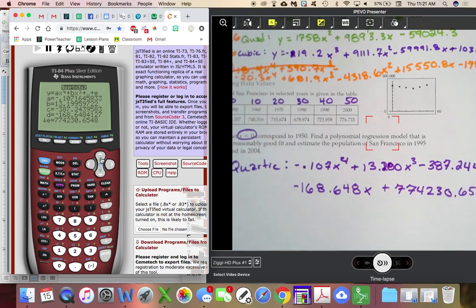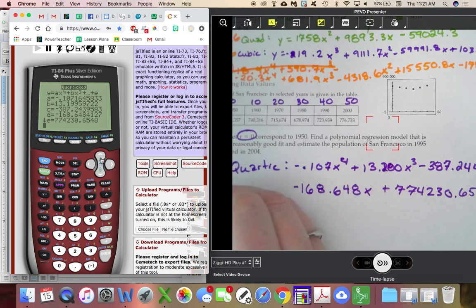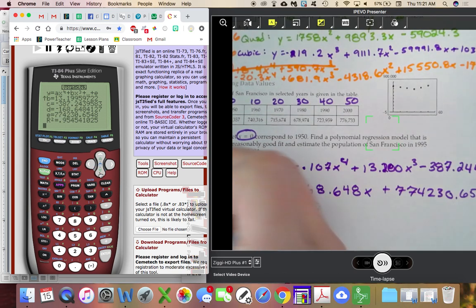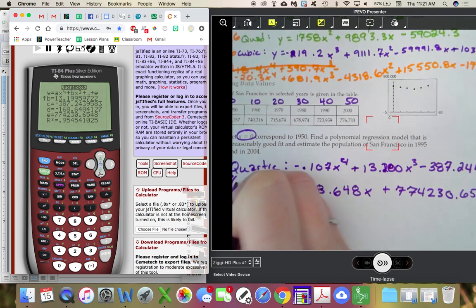That is at 95.4%. That's as good as we're going to get. It is a quartic function.